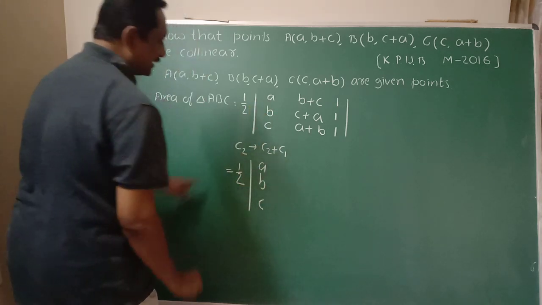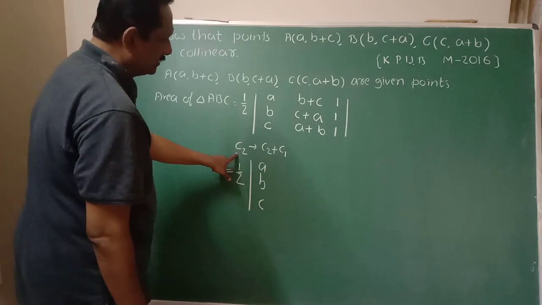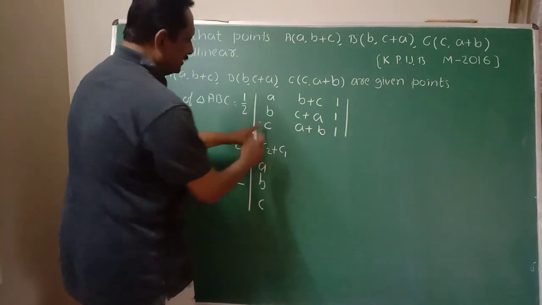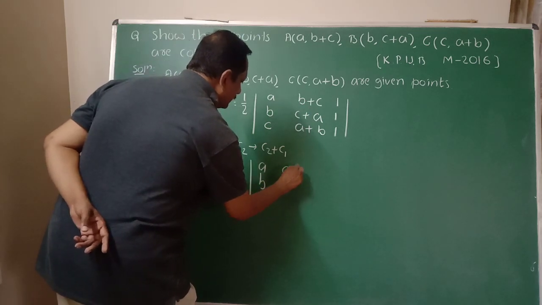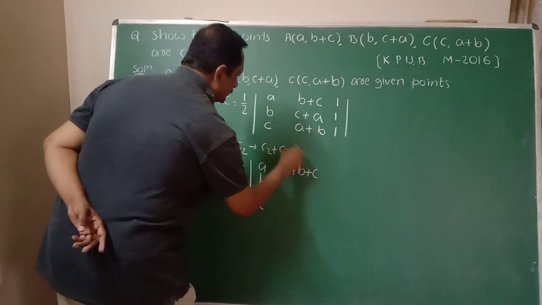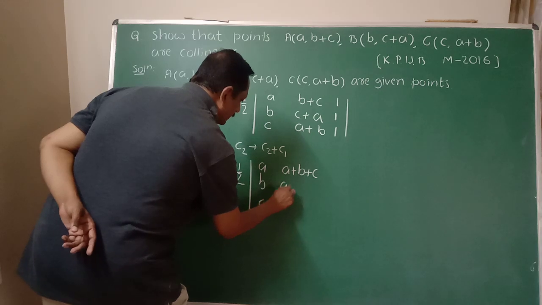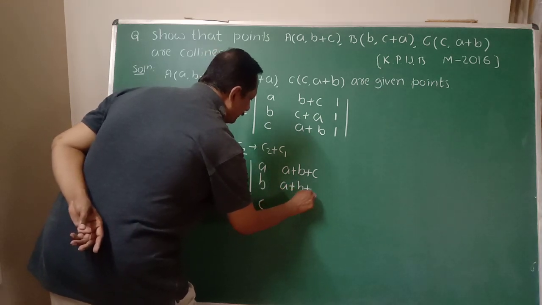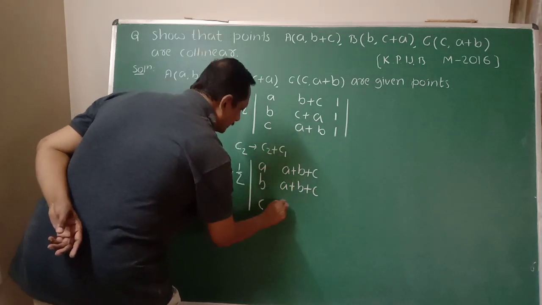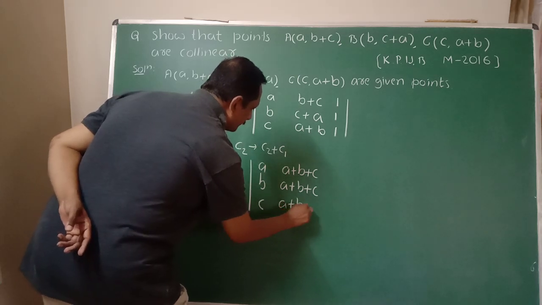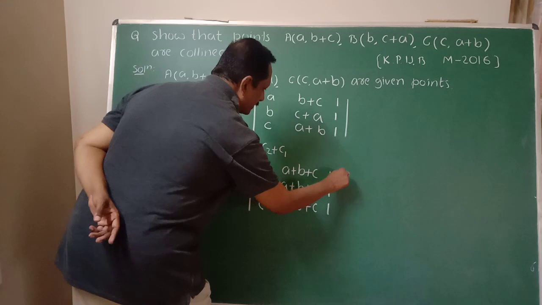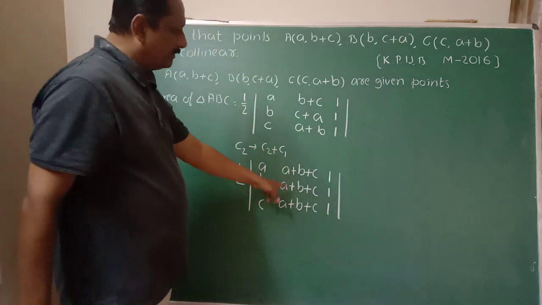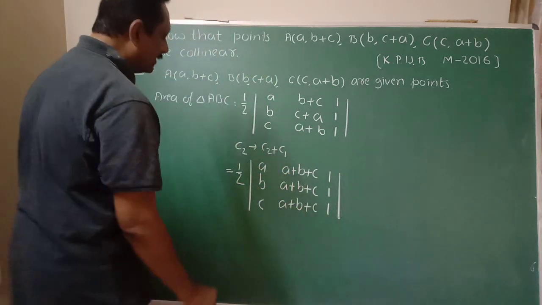Only the second column changes: C2 plus C1, so a plus b plus c in every row, and the third column is 1, 1, 1. Here all the elements are the same, so you can take a common factor.